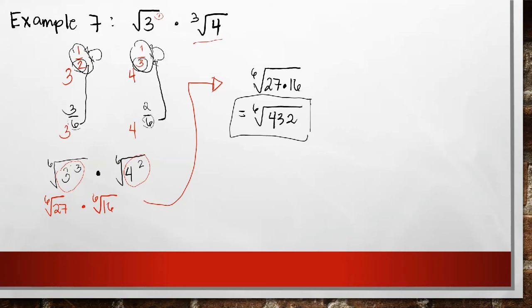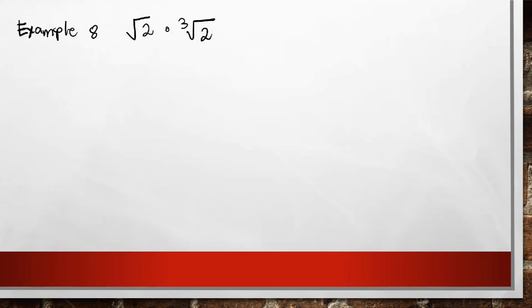Now, let's proceed with our 8th example. In our 8th example, we have the square root of 2 times the cube root of 2. First, let's identify if they have the same index. Since the index of this one is 2 and the index of the other is 3, they don't have the same index.